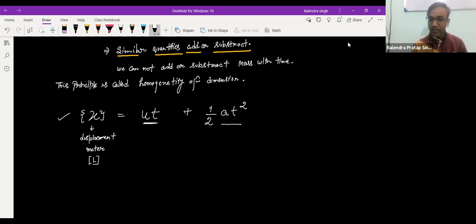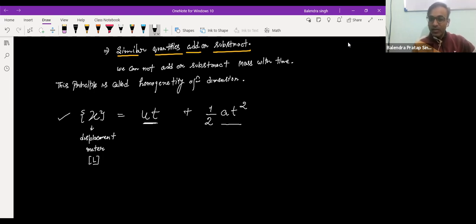If ut or at square doesn't have unit meter or dimension L, then this equation is incorrect. Let's check it out.